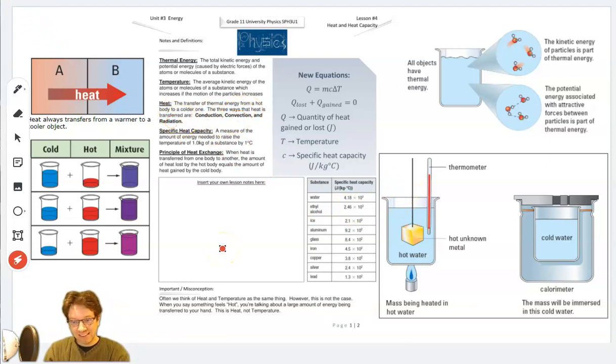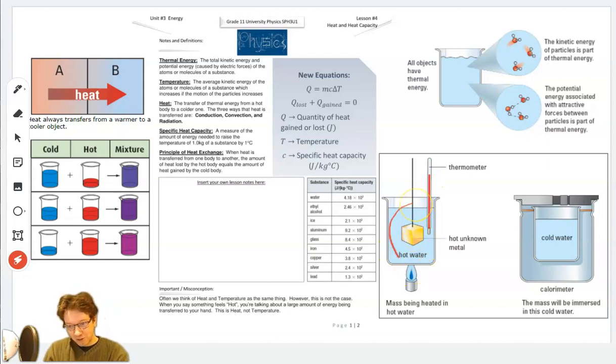So next, let's say we did want to heat up a substance. Let's just ignore our metal cube for a second. Let's say we just have a beaker of water and we want to heat it. Maybe we want to heat it from 10 degrees to 90 degrees. Maybe we're making a cup of tea or something.